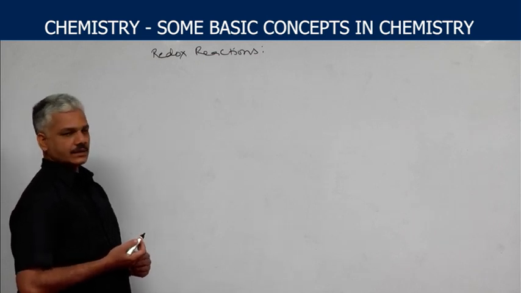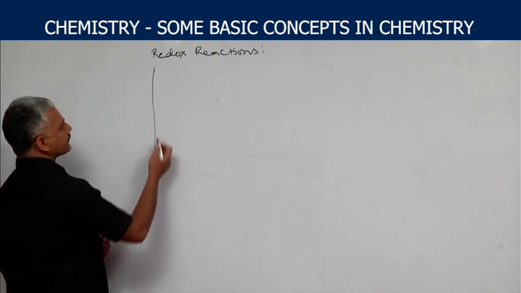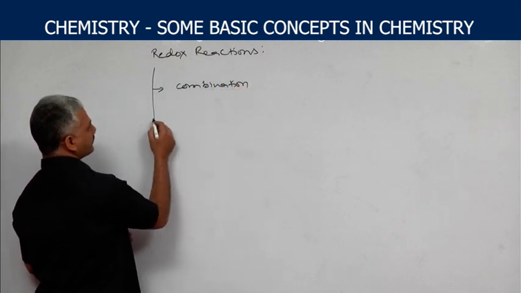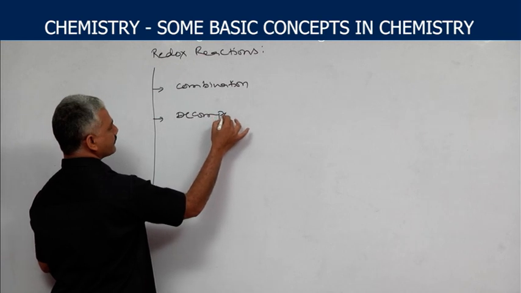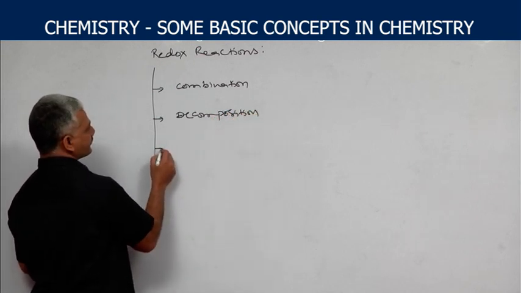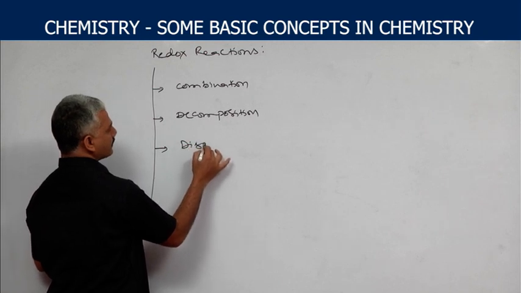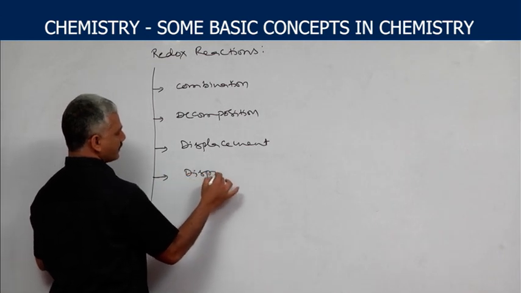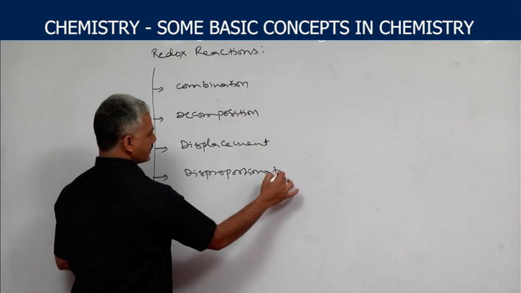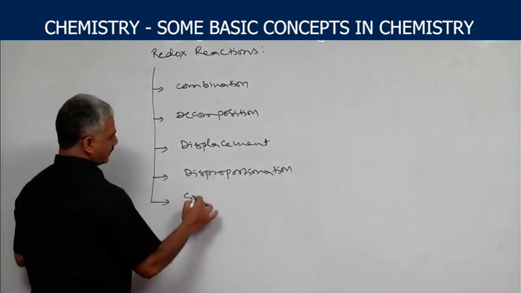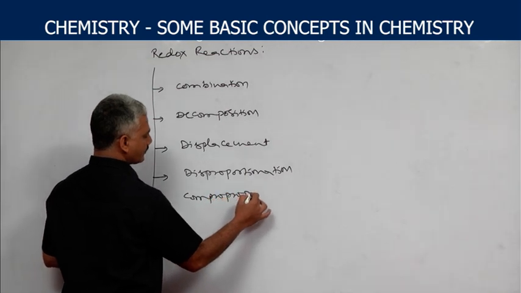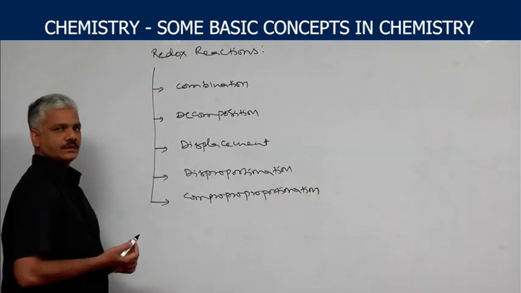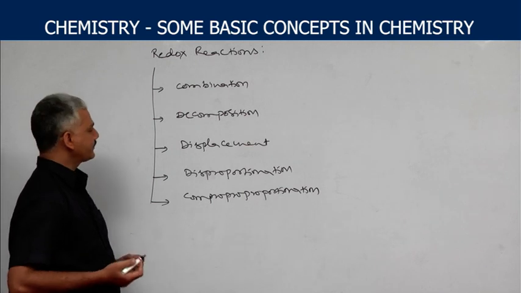These redox reactions are classified as combination type, decomposition type, displacement type, disproportionation type, and proportionation type. These names are self-descriptive in nature.